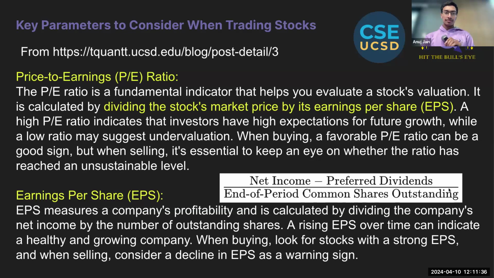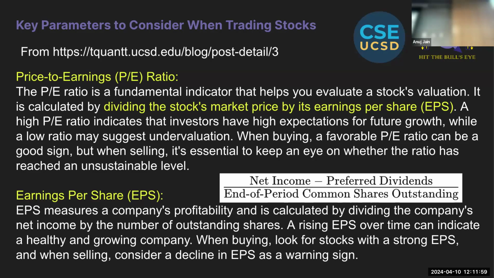Then next is the key parameters. I think in today's session, we also had some parameters which we are considering. But what we covered in last lecture was these two, mainly EPS and price to earnings. EPS is given by the formula here, and price to earnings is the stock's market price divided by EPS.